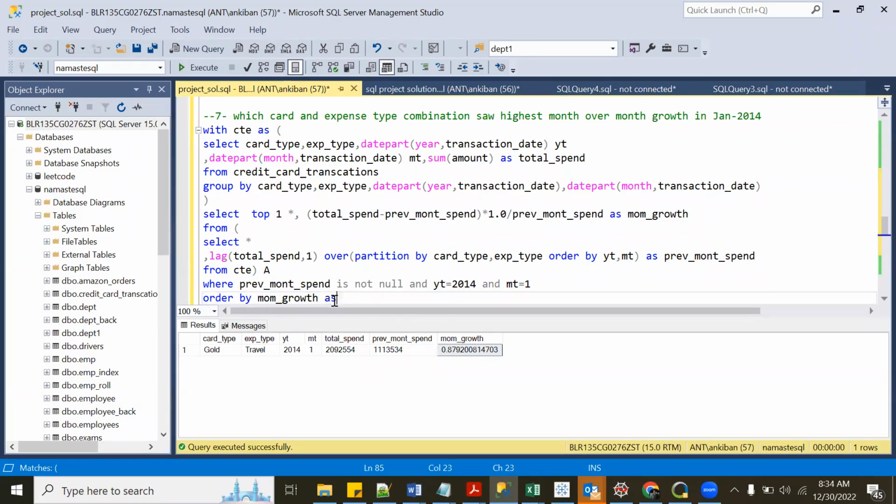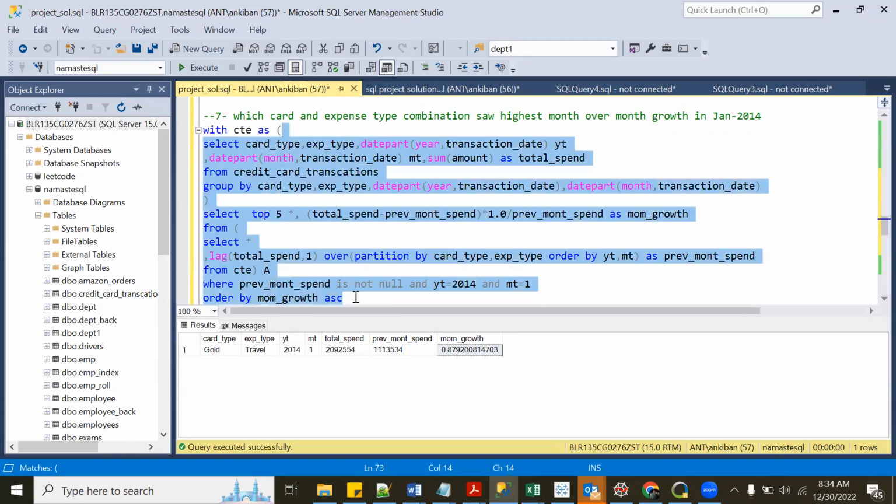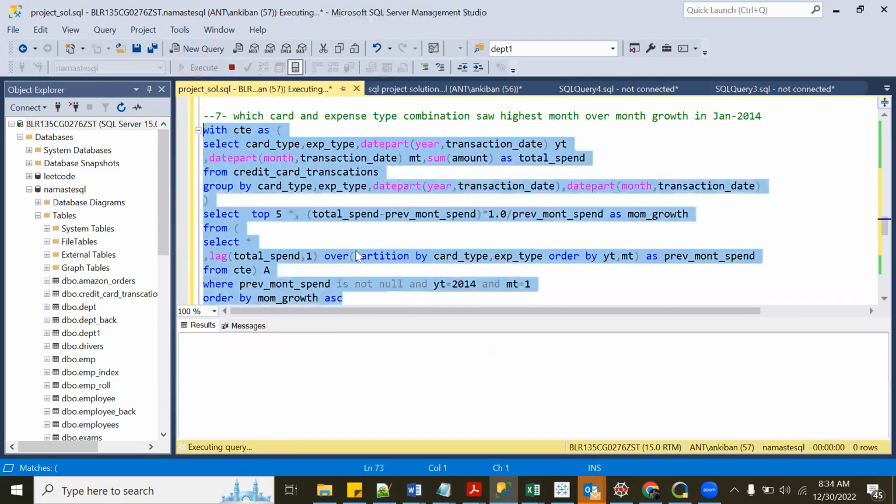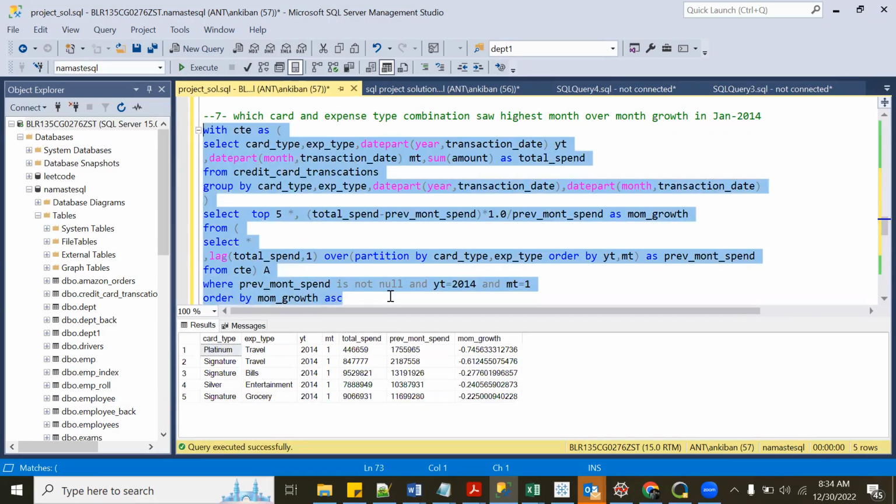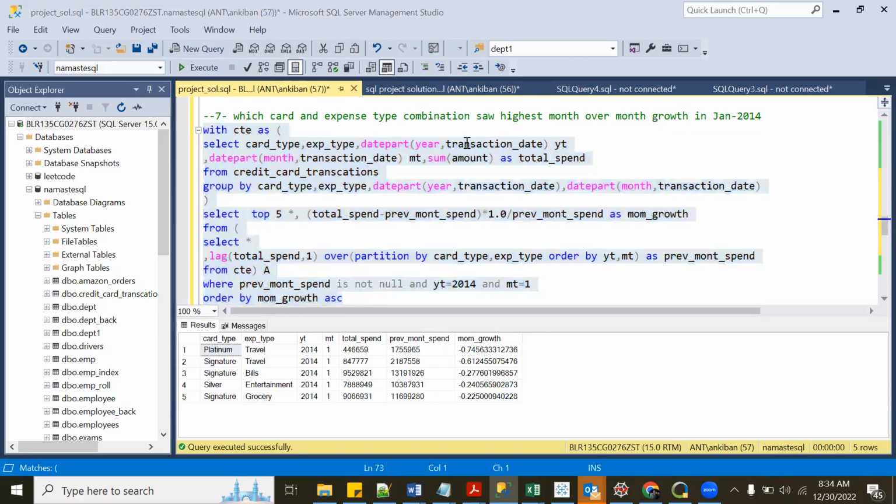Yeah, so I can do ascending and do top 5. It will give me bottom 5 basically. Got it? Yeah, it is actually negative growth. Cool, got it.